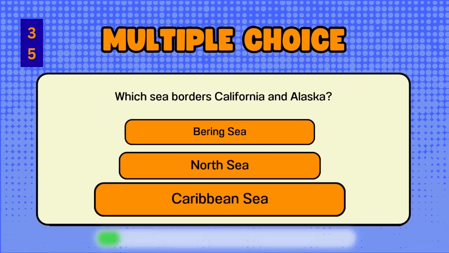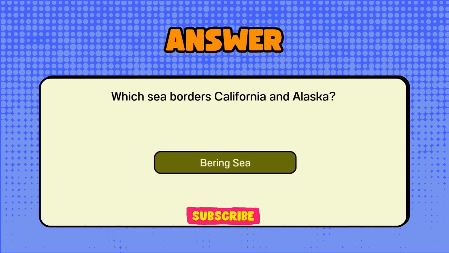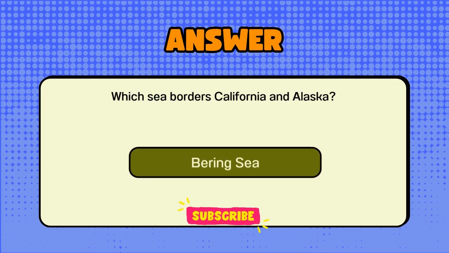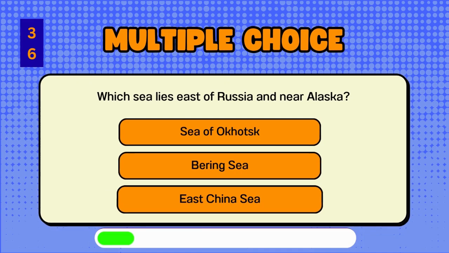Which sea borders California and Alaska? Which sea lies east of Russia and near Alaska?